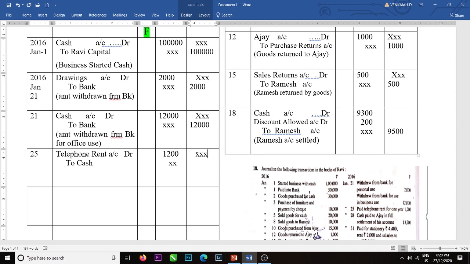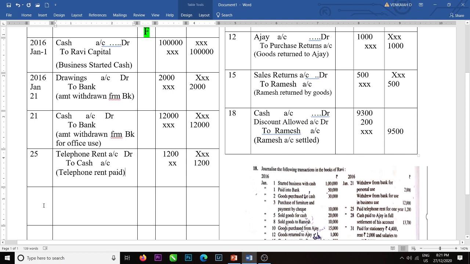Narration: telephone rent paid. Why is telephone rent debited? Because it is an expense. According to the nominal account, all expenses are debited.